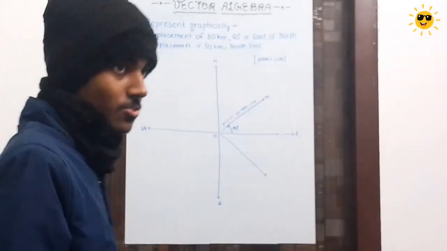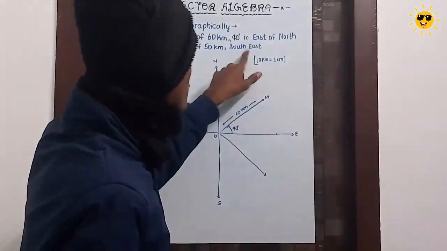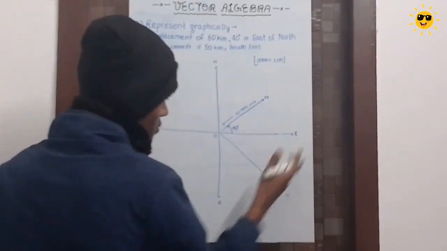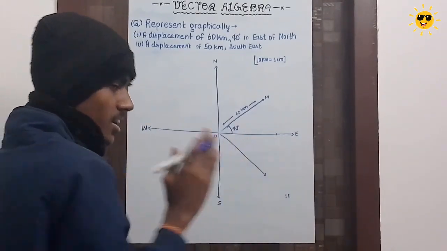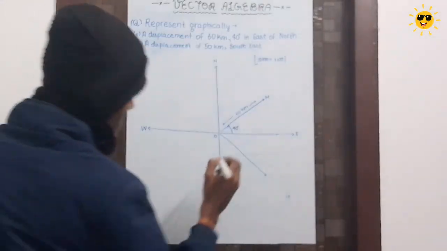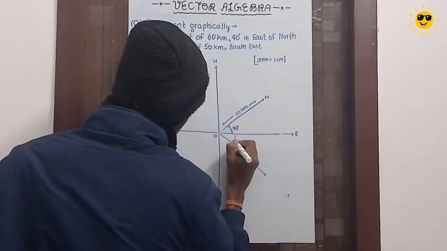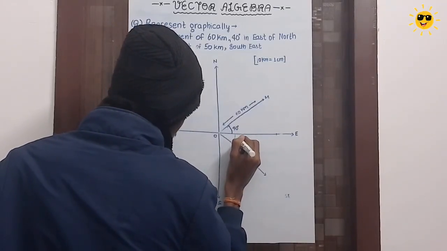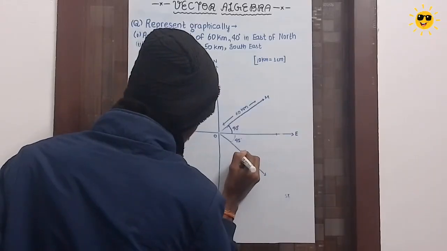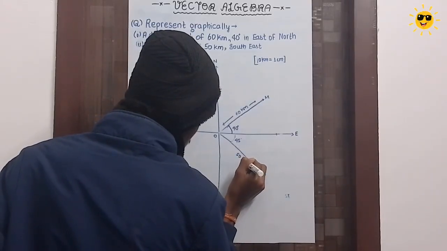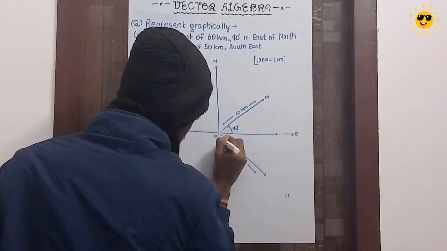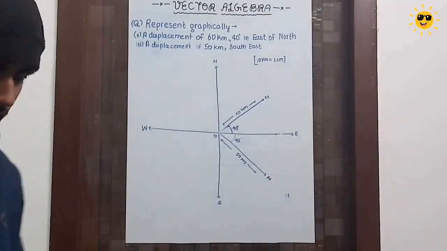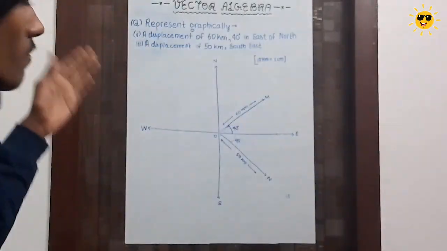But you can draw it at any angle, because here it's given southeast, and southeast is a confirmed direction, just in between south and east at an angle of 45. Thus, this will be somewhere around 45, and the magnitude will be 50 kilometers. Let's name it N. This is how our question ends, and this is the solution.